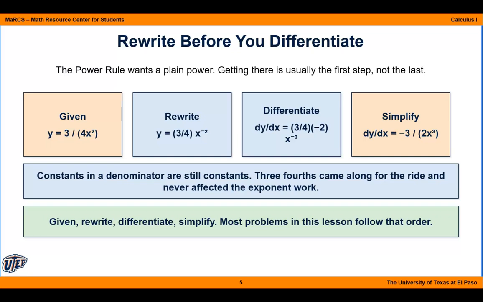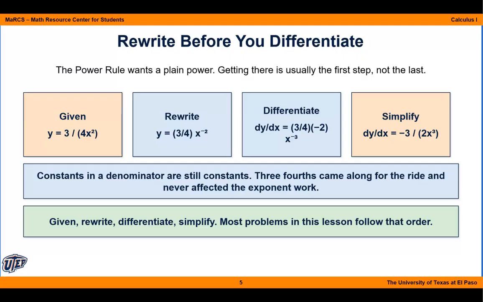Many functions need to be rewritten before the power rule can be used. In this example, y is equal to 3 divided by 4x squared. Separate the constant factor and rewrite the variable with a negative exponent. In other words, y is equal to 3/4 times x to the power negative 2. Now apply the power rule.